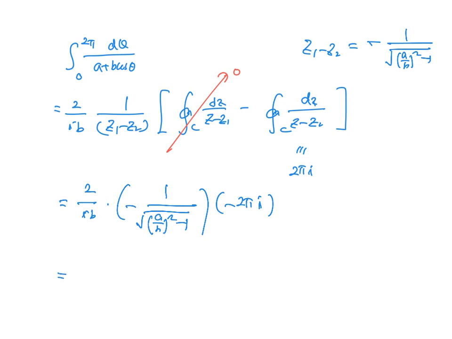The minus signs cancel each other. So b over 4 pi over root (a over b) squared minus 1, which gives a square minus b square. I think I have something wrong with 2.